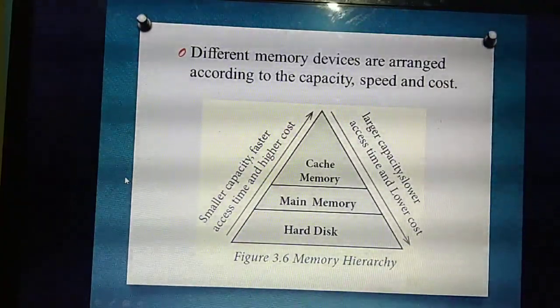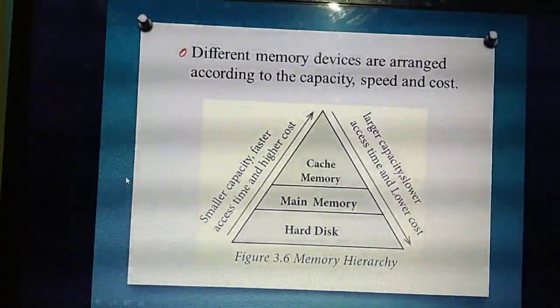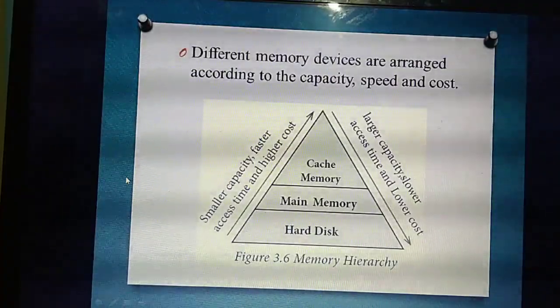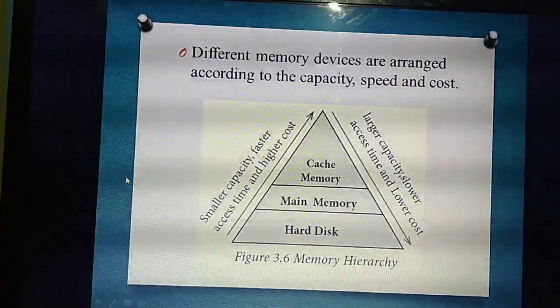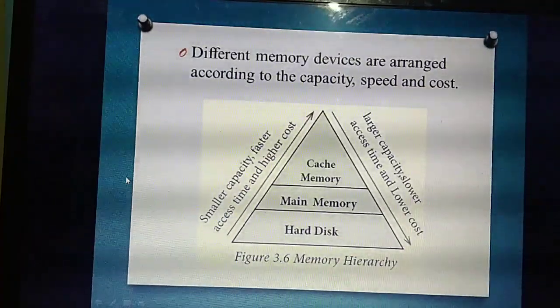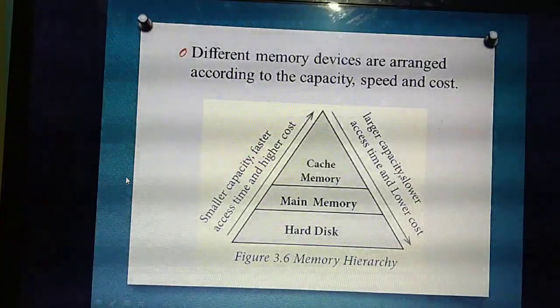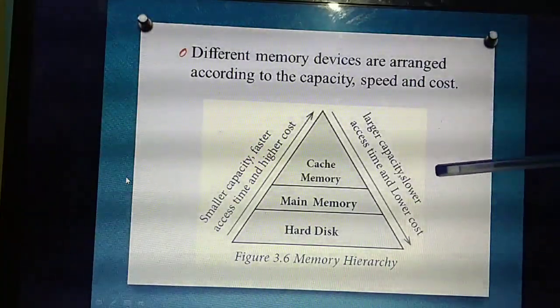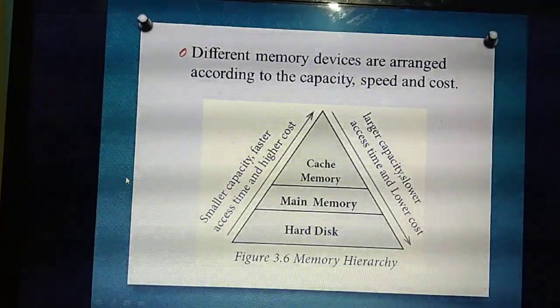Listen, larger capacity devices have slower access time. For example, a particular device has a capacity of 20 GB. Is it easier to access a 2 GB file or a 20 GB file? The 2 GB file. Likewise, if the capacity is higher, the access time will be slower and the cost very low.